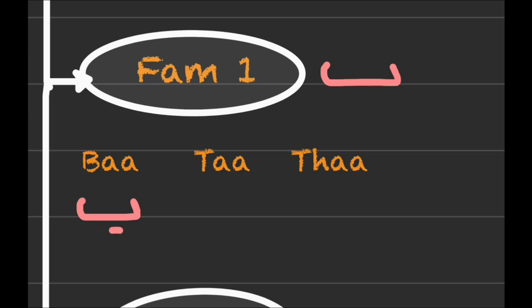Then for letter ta and tha, same thing. Same stem. That's why we consider them one family. The difference between ta and tha is just the dots. So here you say ta, right? Ta, so it's two dots. I want you to link the sound of ta with how many dots it has.